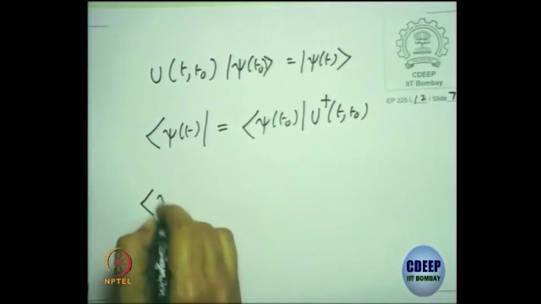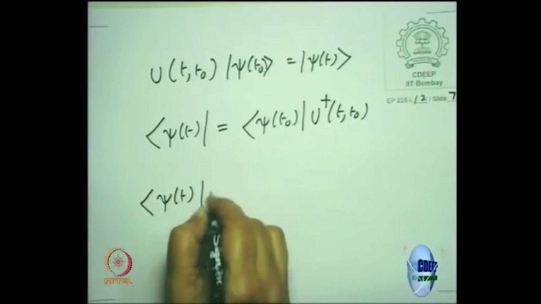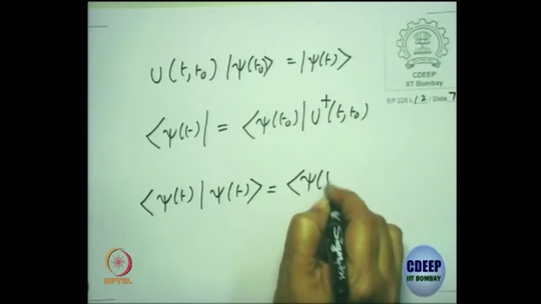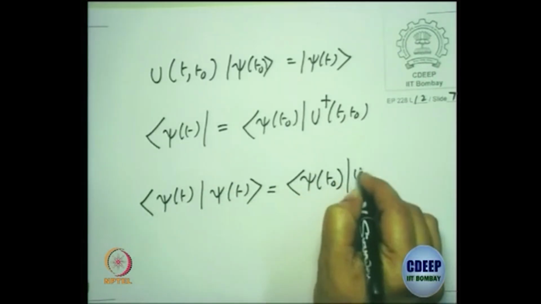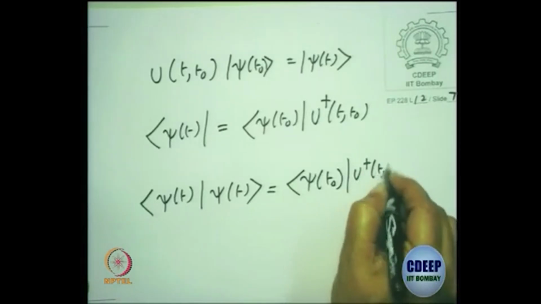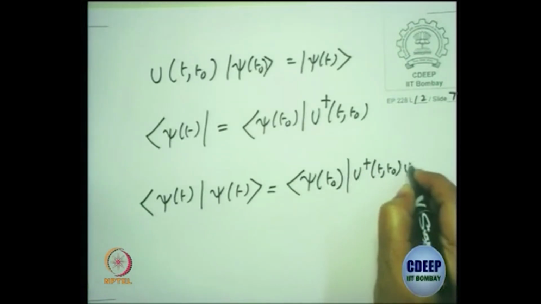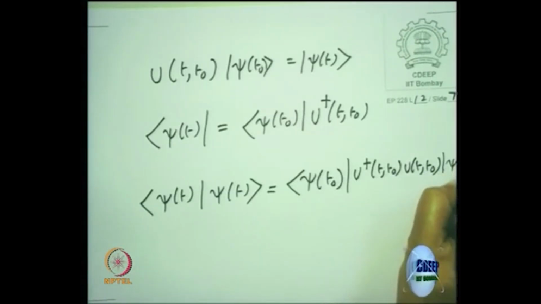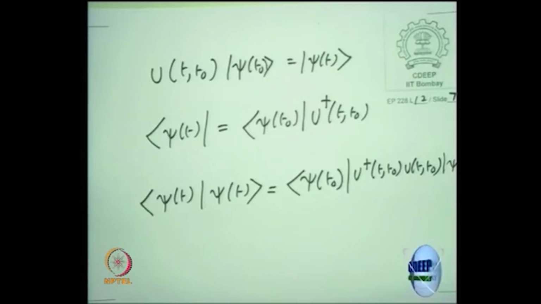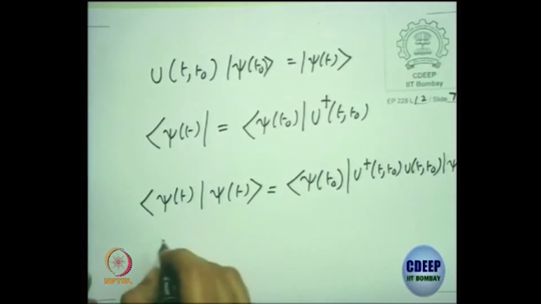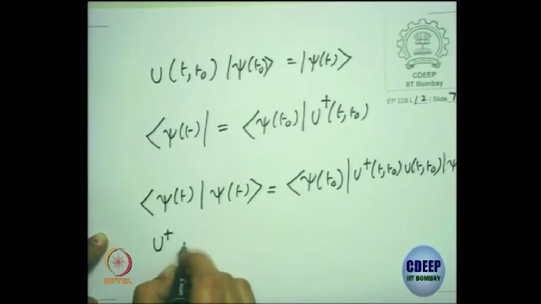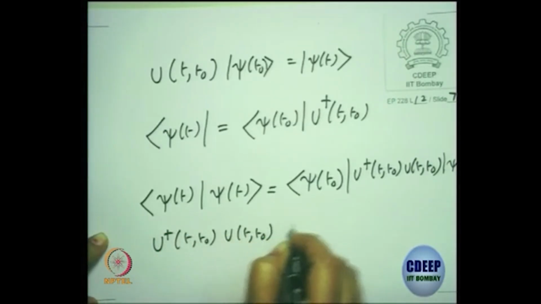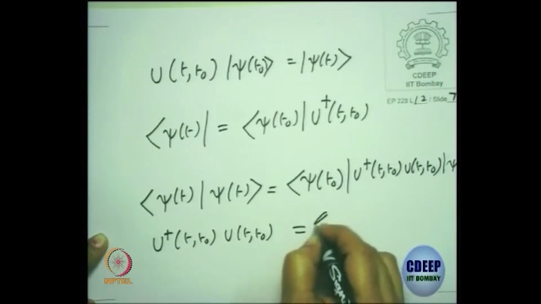So the inner product of psi of t with psi of t is the same as psi of t naught with U dagger of t comma t naught, U of t comma t naught, psi of t naught, right? And U dagger U is going to be identity.